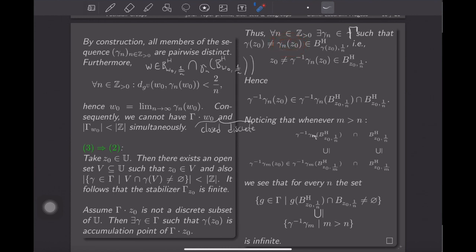Or I should be more careful: because it's not discrete, there has to exist a sequence which really doesn't repeat elements at all. And once you know that, the gammas themselves have to be all pairwise different, because otherwise these points would be the same. Okay, and then you know that this is infinite.